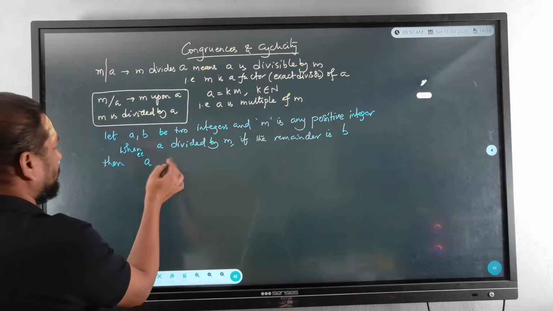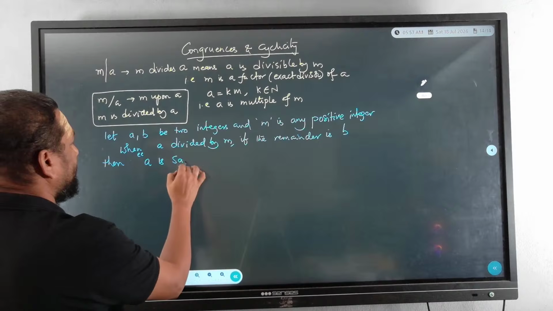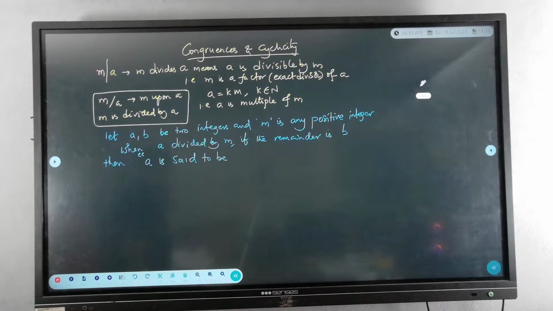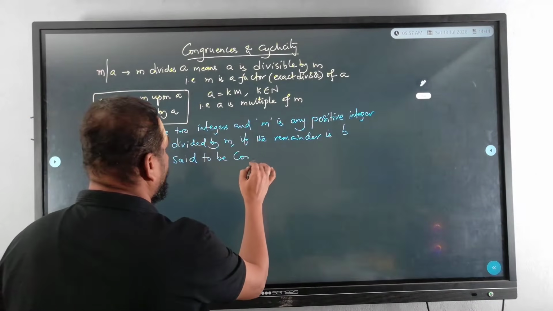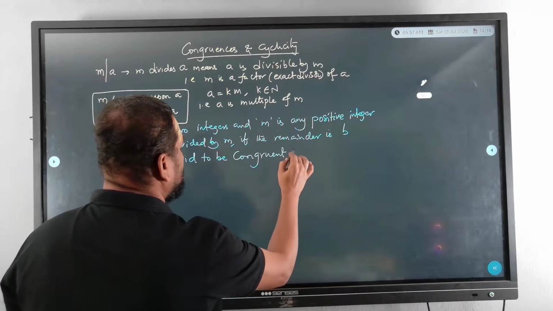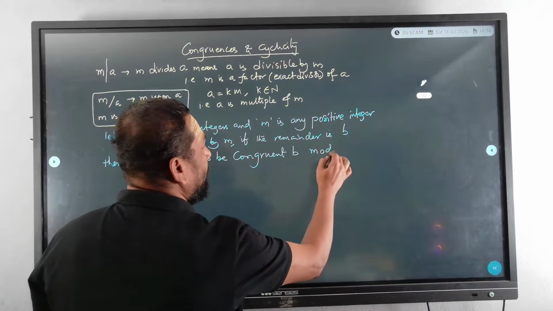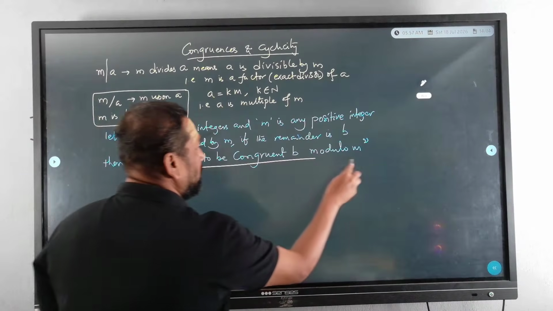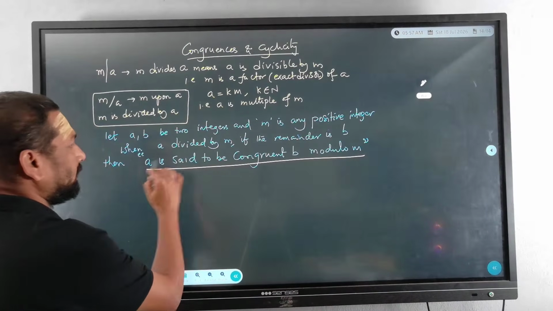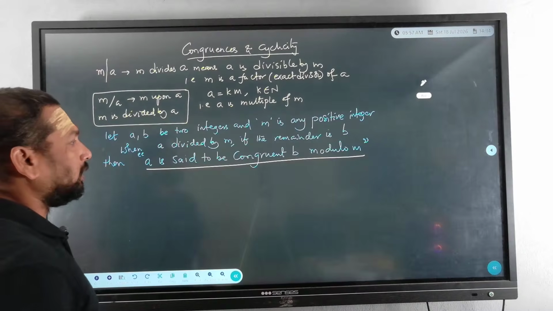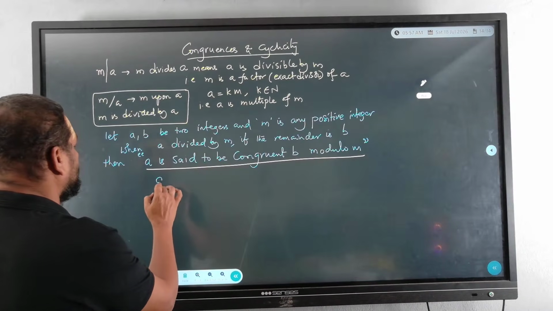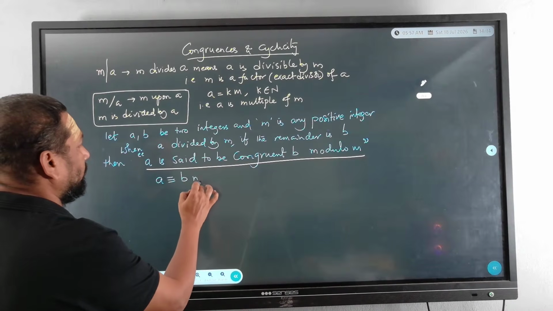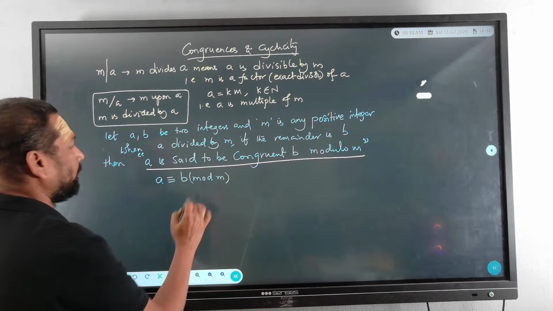a is said to be congruent to b modulo m. This is what we have to discuss. a is congruent to b mod m.